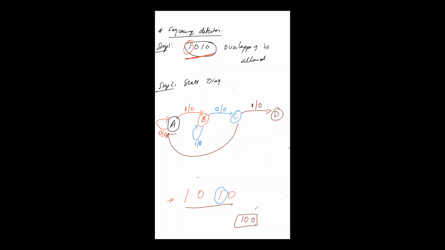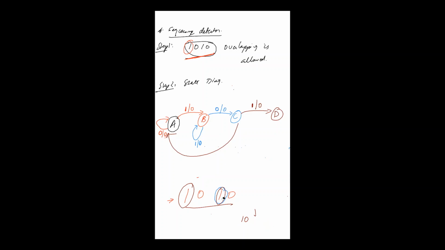You cannot utilize this bit, because the next bit you want to get is 1. So you will go to state A directly from there and wait for 1 to come, and you will start your sequence again. I hope this makes sense.